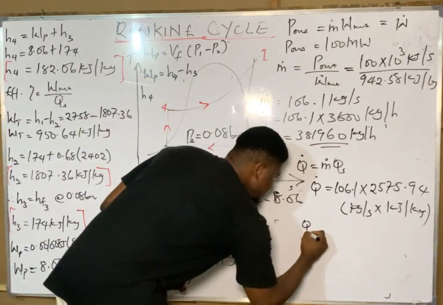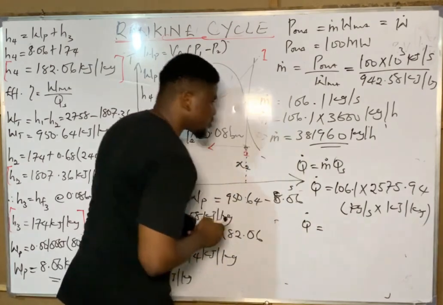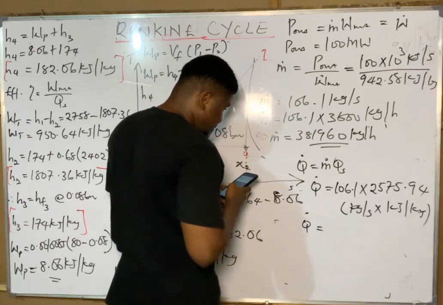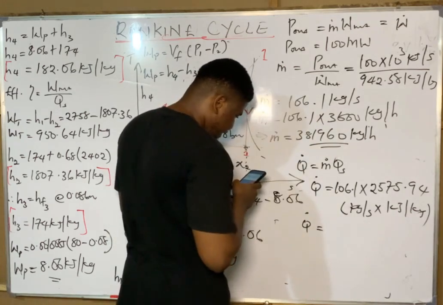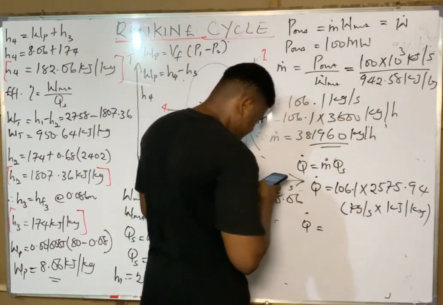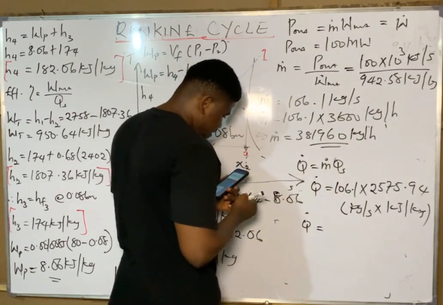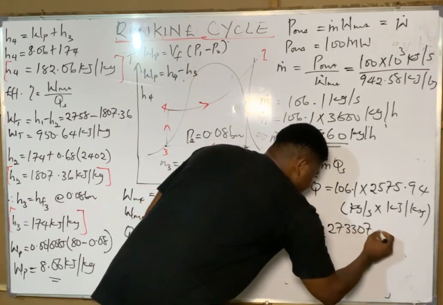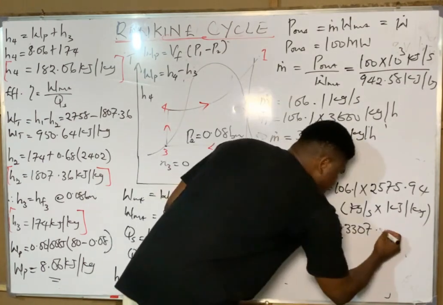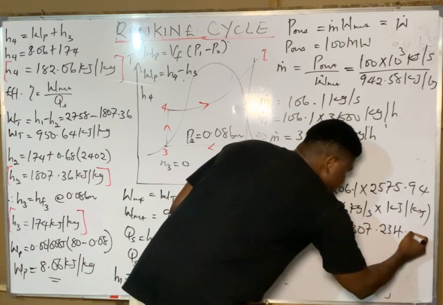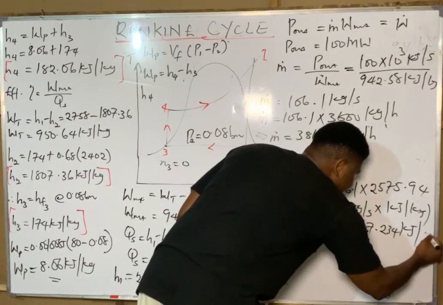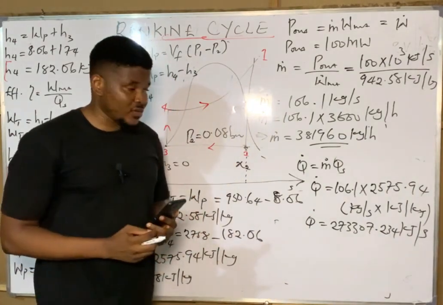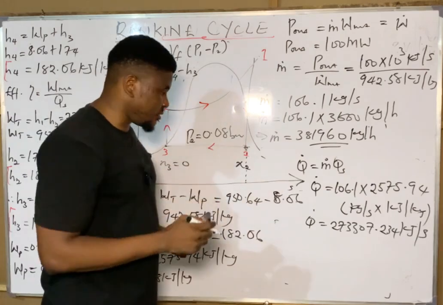So heat flow rate is now going to be equal to 106.1 multiplied by 2575.94. That gives us 273,307.234, and this is in kilojoules per second, which is approximately kilowatts, because joules per second is watts, so with kilo there, that's kilowatts.